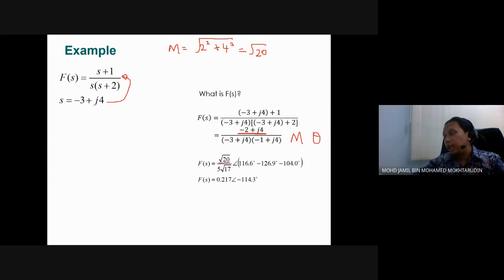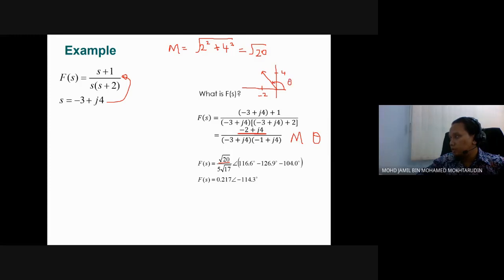And then you determine the angle of this complex number. To determine the angle, my suggestion is to first plot this in an Argand diagram or in the S-plane. So you have 4 here and maybe minus 2 here. Then you sketch the line. The angle must be measured from the positive x axis or positive real axis to the vector.